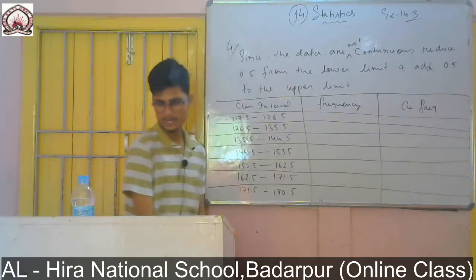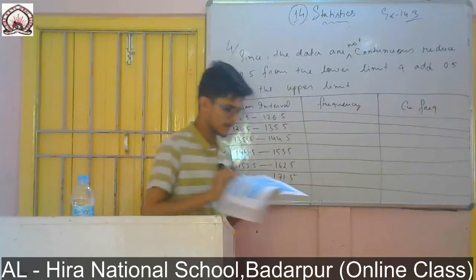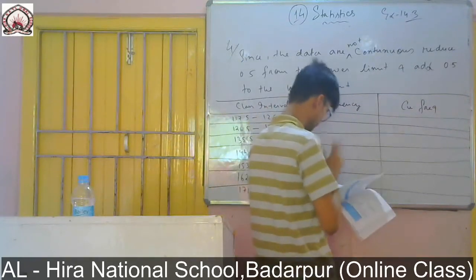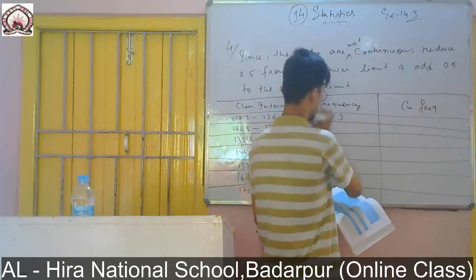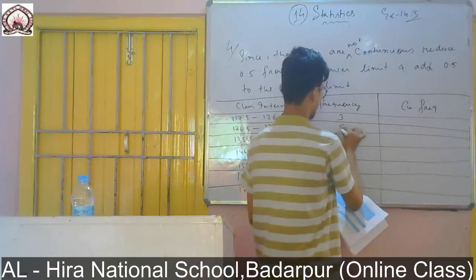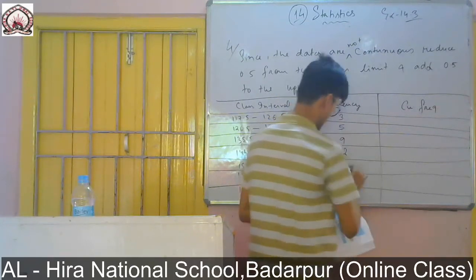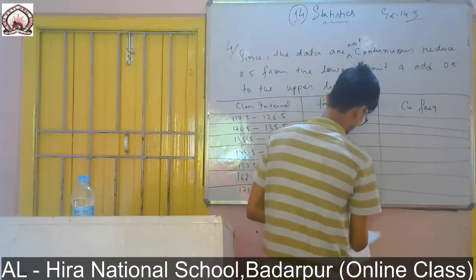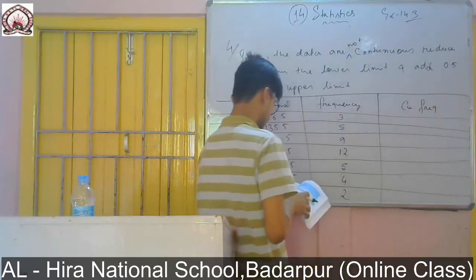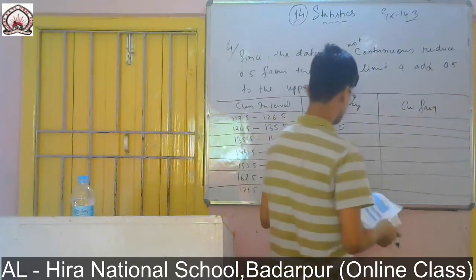The frequencies are given, so I will write them. After that I will calculate the cumulative frequency. Frequencies: 3, 5, 9, 12, 5, 4 and 2.